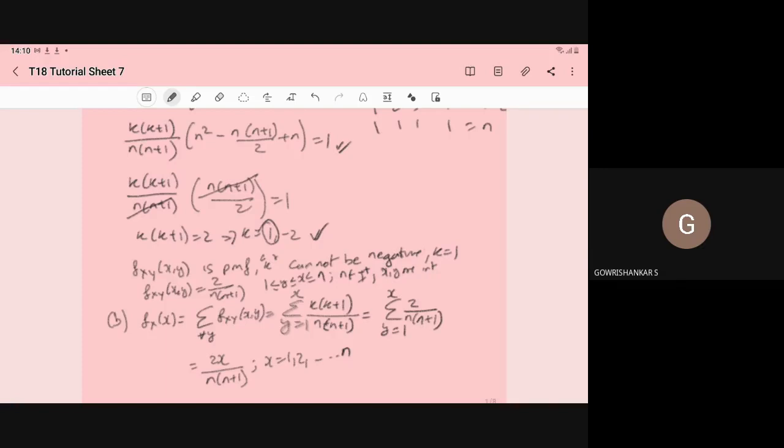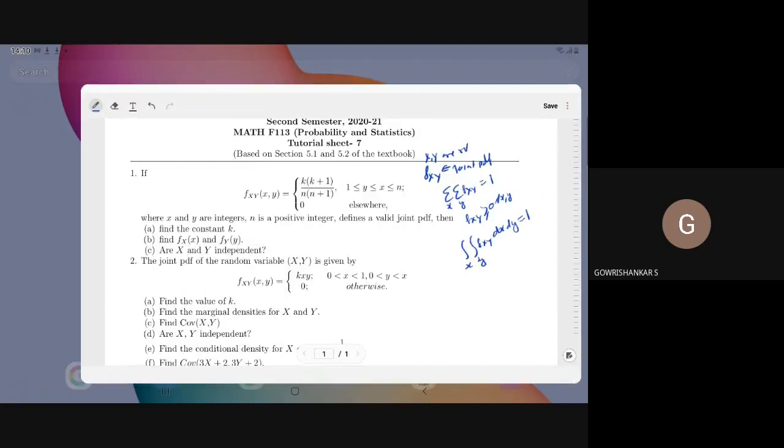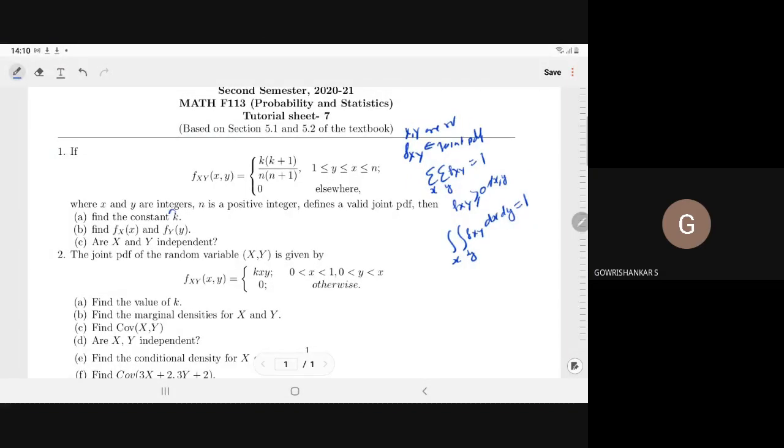So here first we have computed the value of k, by which this becomes a valid probability mass function. Now find f_X and f_Y. These are known as the marginal densities, which you have studied or will study in the theory. Why marginal density?